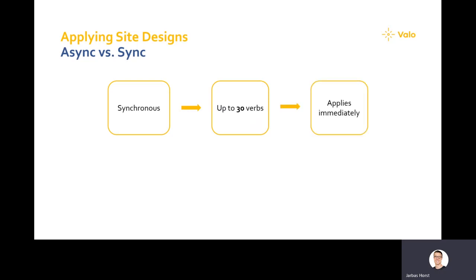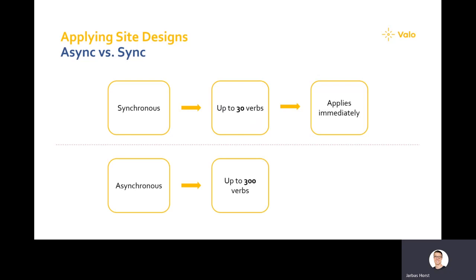When I do that synchronously, my changes are applied immediately to the site collection. There is no delay. If I do that asynchronously, I have support for up to 300 verbs. And again, 300 is the total count of all verbs and subverbs inside all the site scripts that I have associated to my site design.